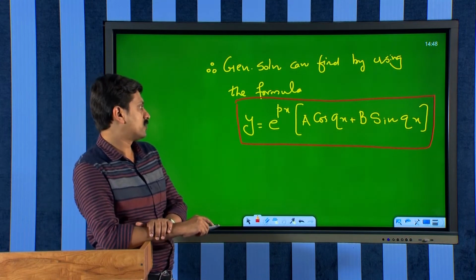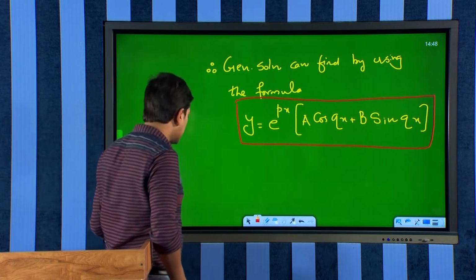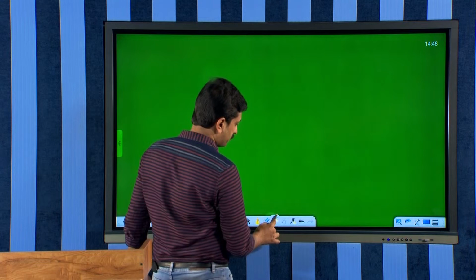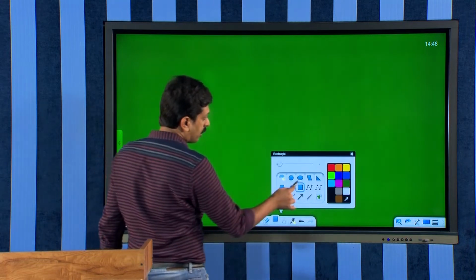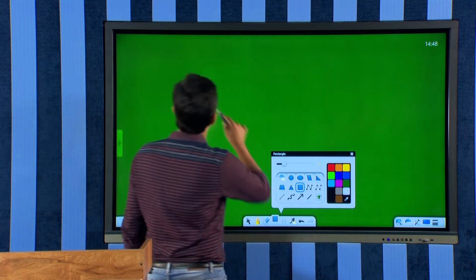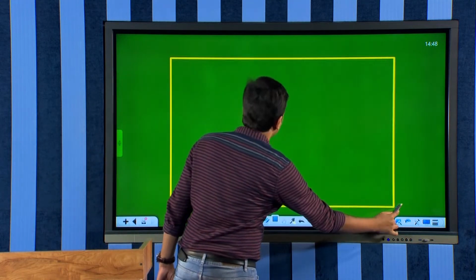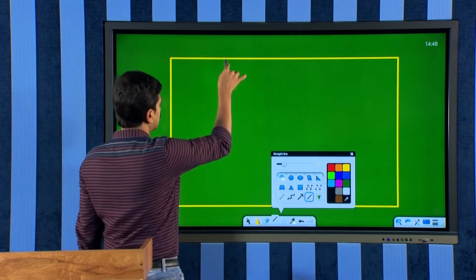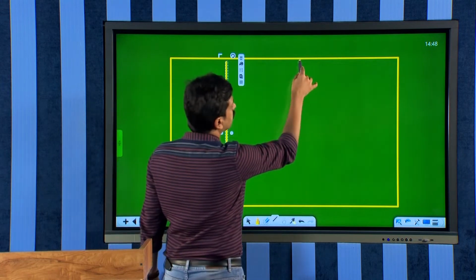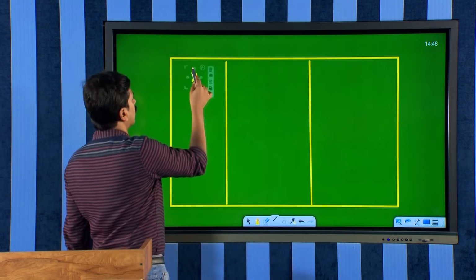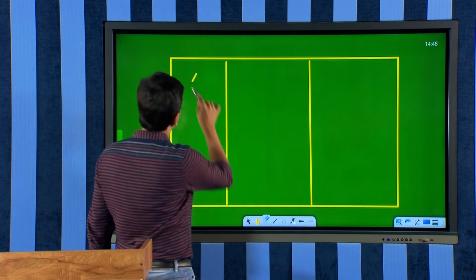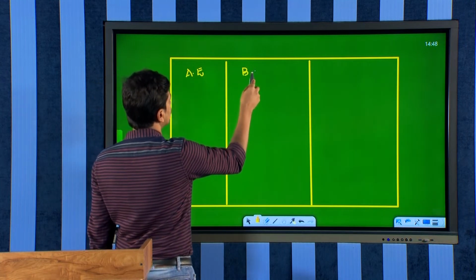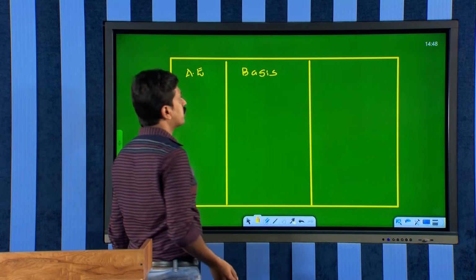See, my dear students, we already discussed three types here. We already discussed our auxiliary equation and the basis of the differential equation.